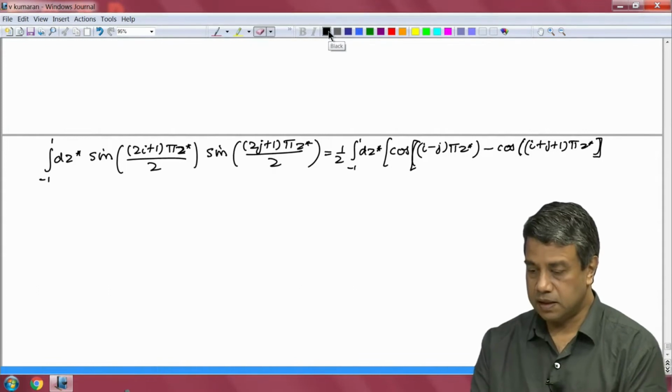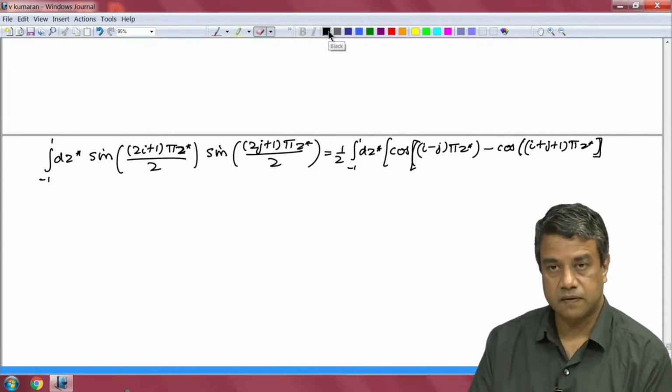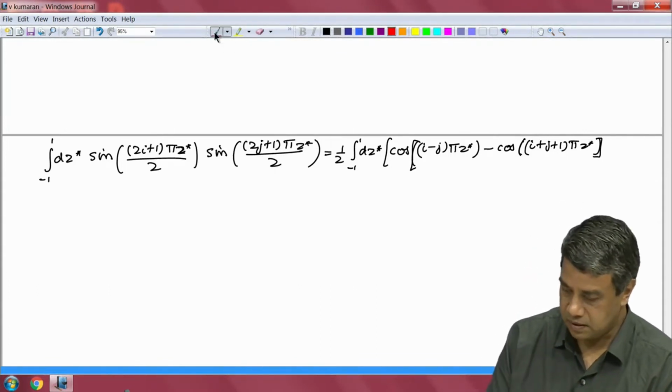Now I can integrate the terms. Integral of cos is sine.